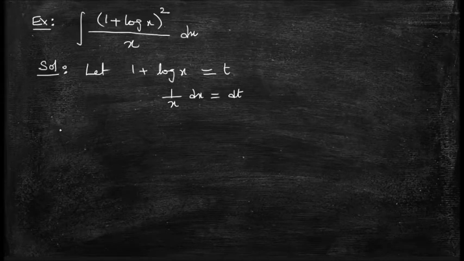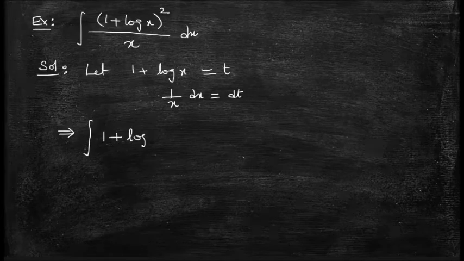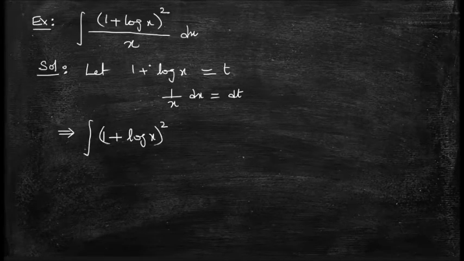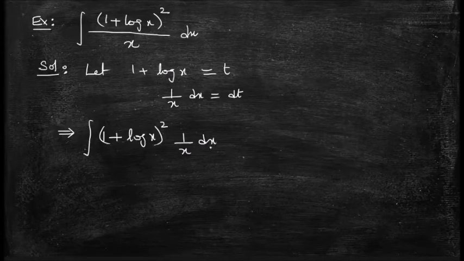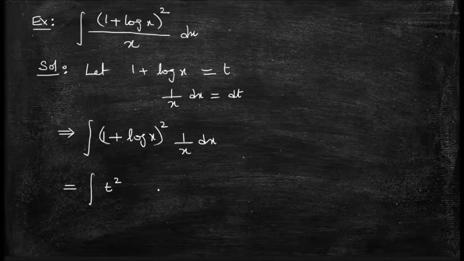So I just try to write in the structure of how I required, (1 plus log x) whole square. Now that by x I am writing it as 1 by x dx. Now on replacing 1 plus log x as t, it becomes t square. 1 by x dx can be replaced as dt.